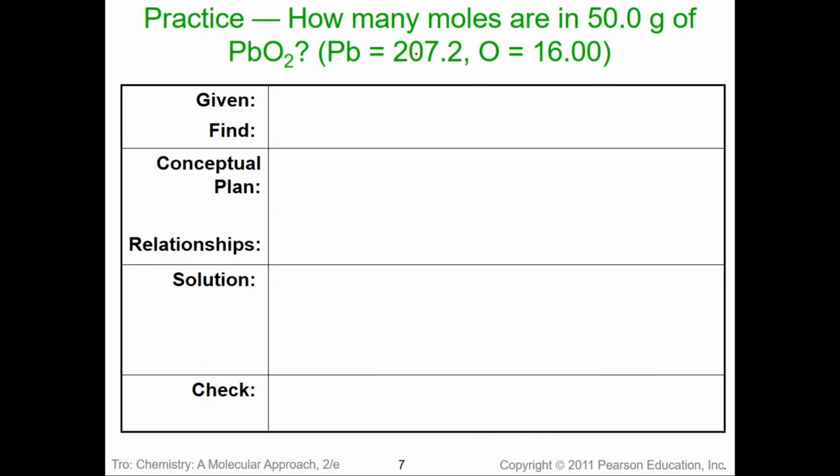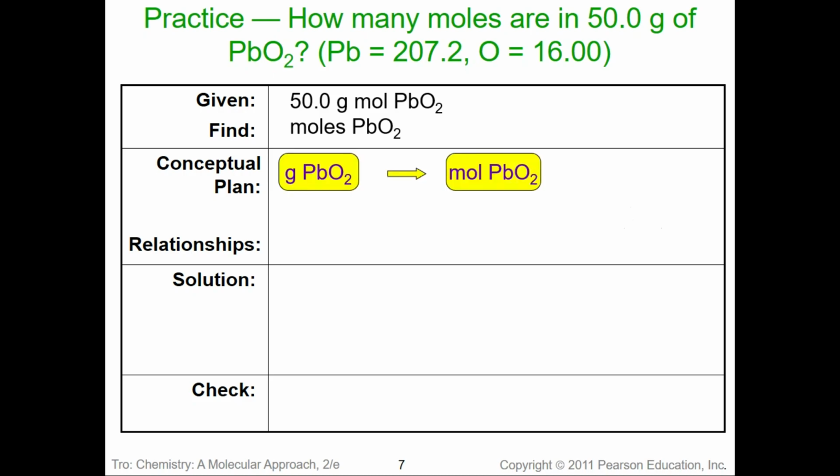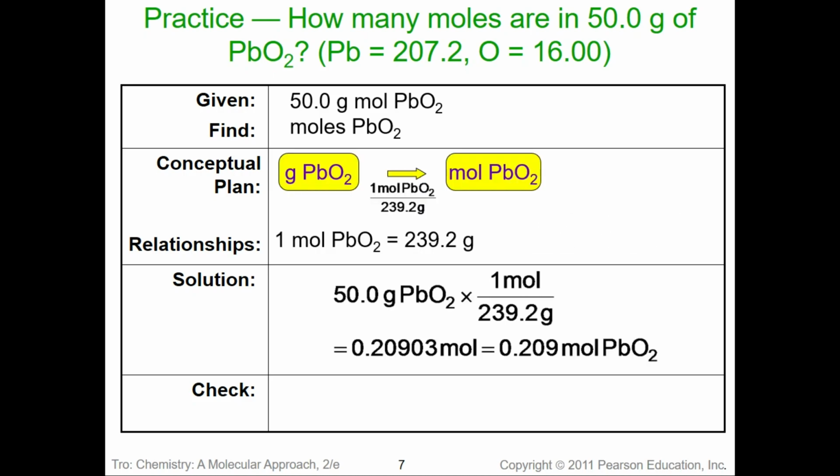For example, if the question asks you, how many moles are in 50 gram of PbO2? For PbO2, you check it has one lead and 2 oxygen. So you just calculate using the formula. Mass is already given, 50 gram PbO2, so you divide by molar mass, 239.2 gram. The molar mass of PbO2 is, you refer here, 207.2 plus 2 oxygen, 16 times 2.